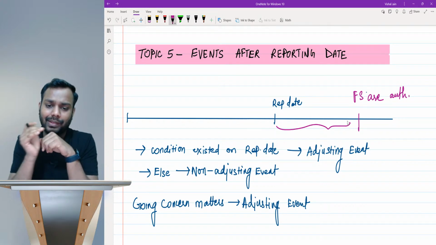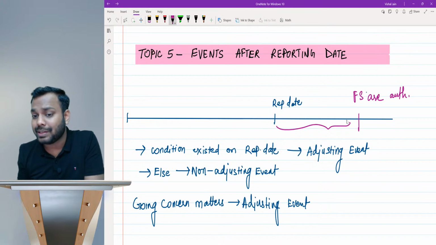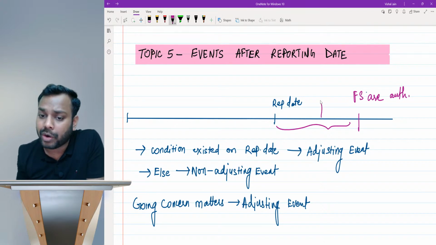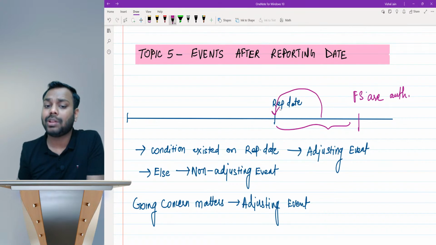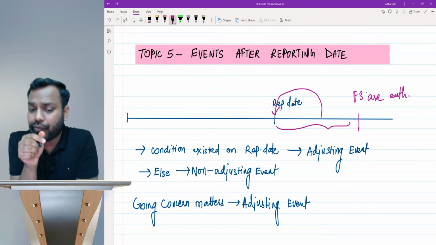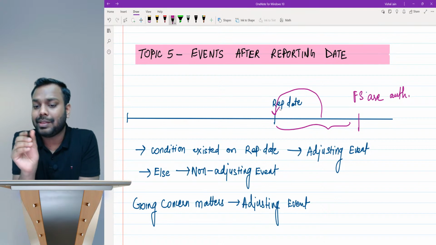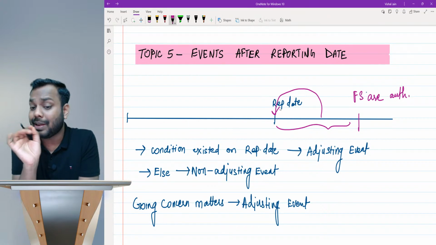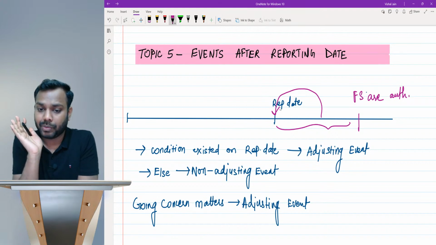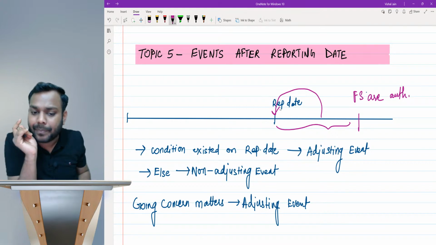Now, basically it says that if any events occur in this period, the conditions for which already existed on the reporting date, then yes, that is adjusting. Otherwise, it is not adjusting. But still, there is an exception to that rule also.